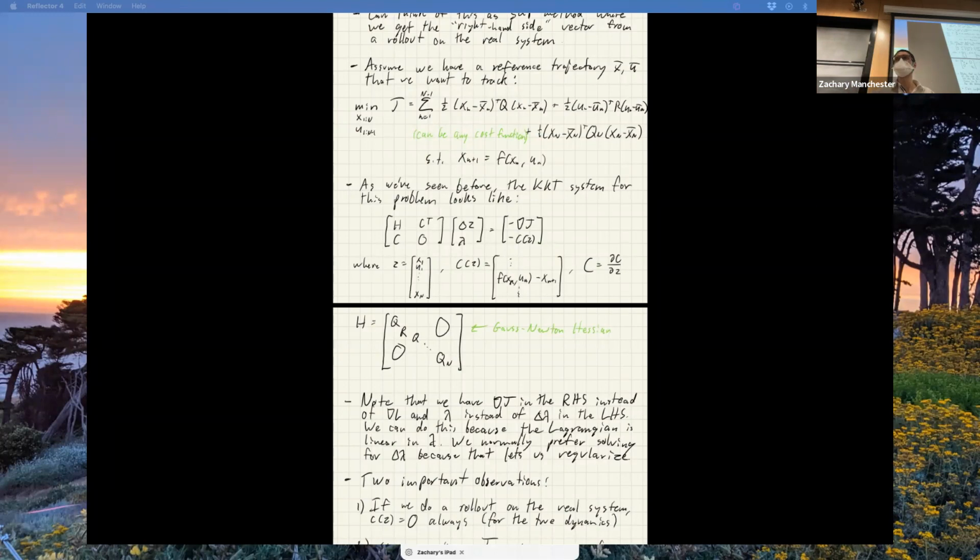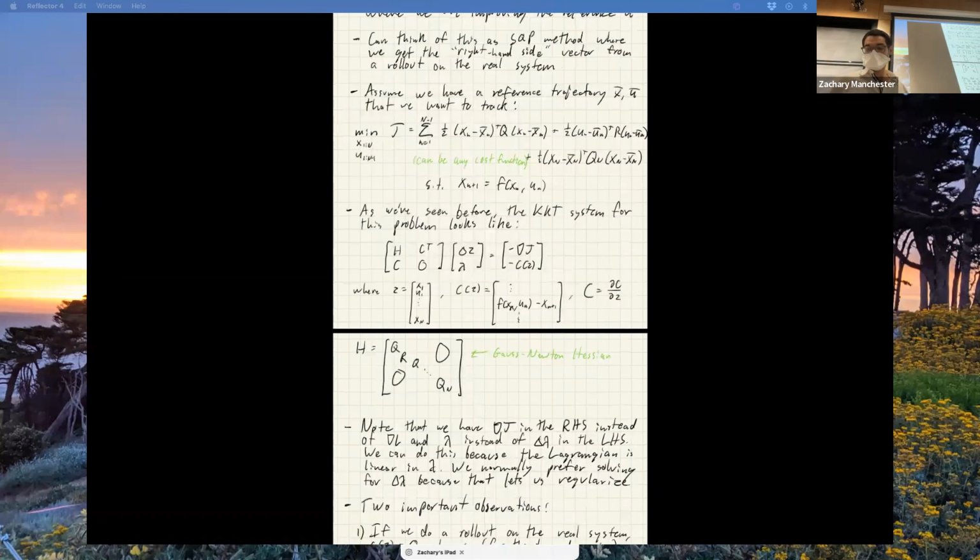Yeah. So just to clarify, the part where we actually use the data is in the C of Z vector, right? That C of Z vector is always 0. Yes, but what's happening is that's the dynamics error in a normal SQP method.